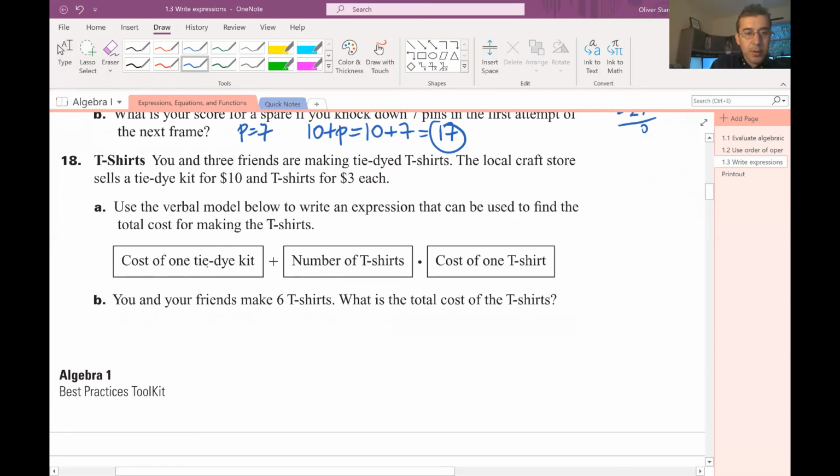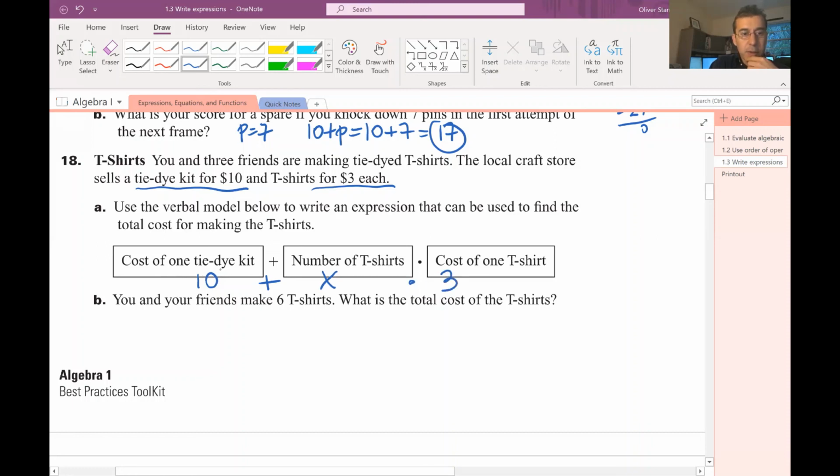So cost of one tie-dye kit, that's $10. So 10 plus number of t-shirts we don't know. So this would be X, and then times cost of one shirt is $3. So that's 3, right?